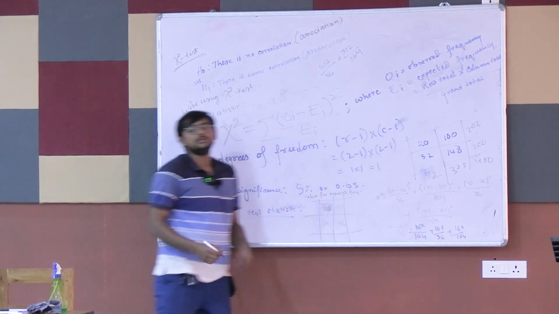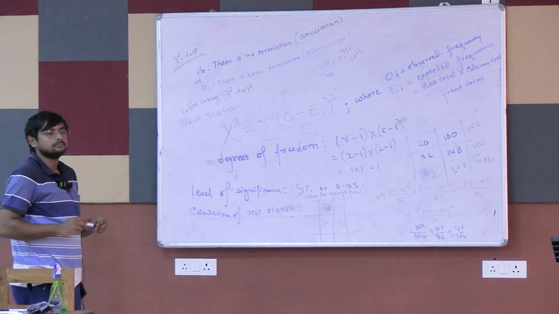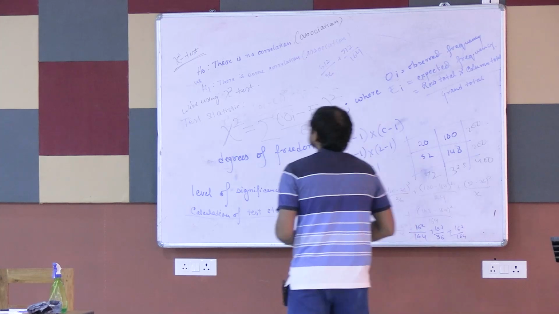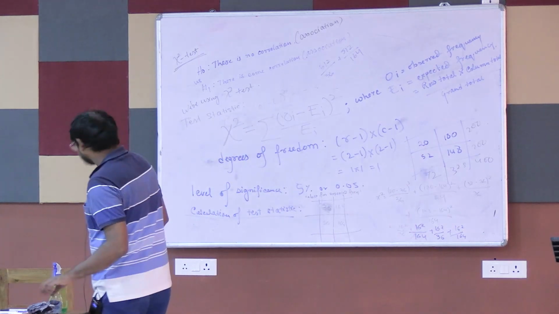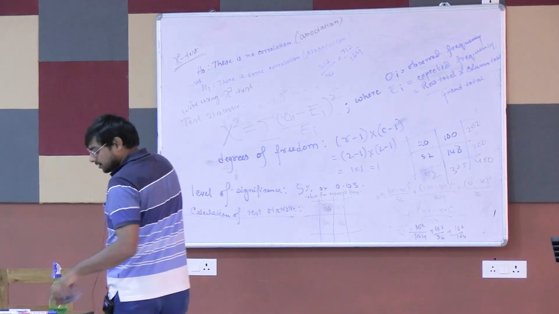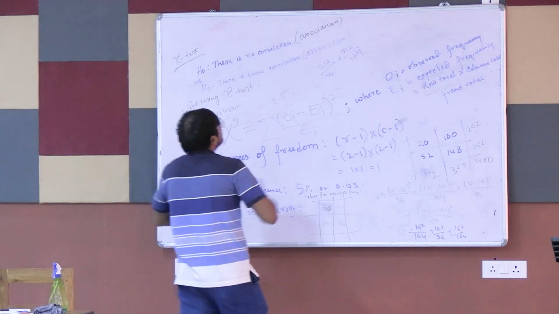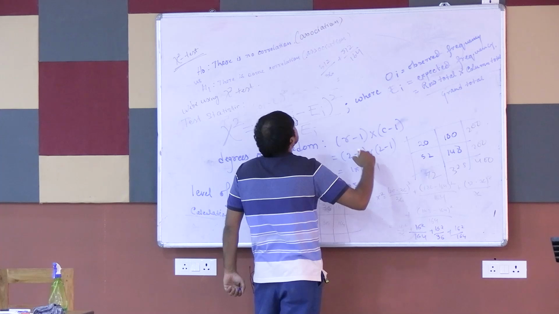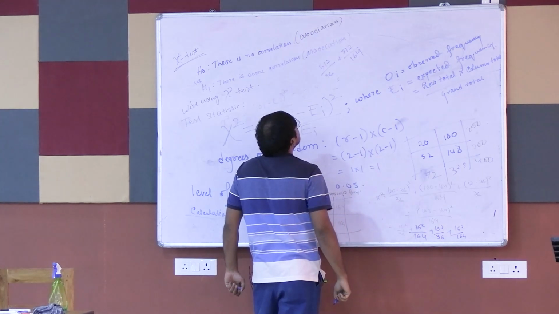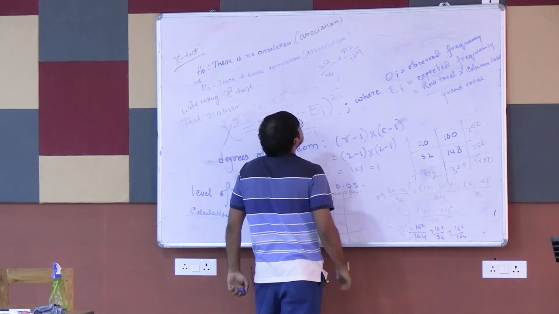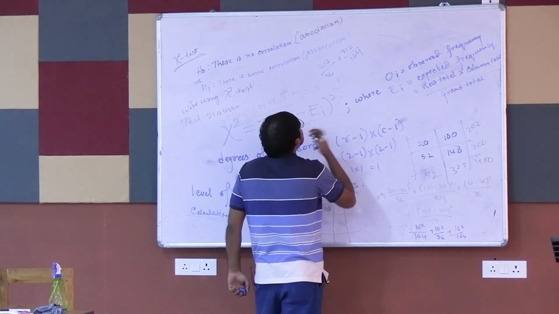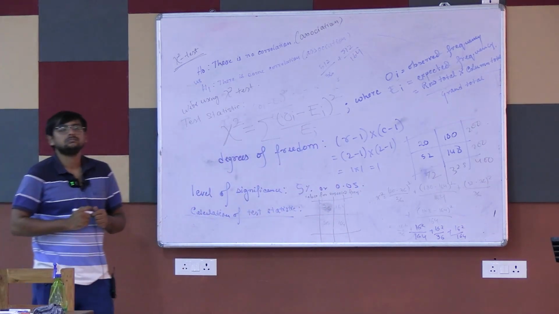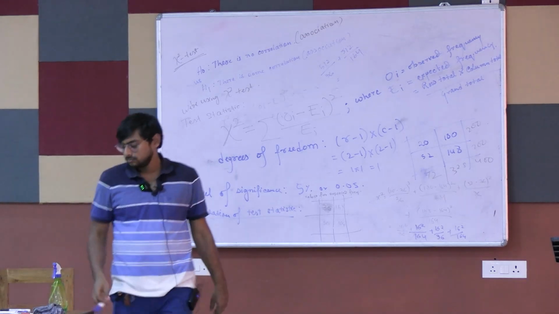Whatever that comes out to be, from here we have got the value of the test statistic. Just calculate this and tell me the value. This much you guys can do.